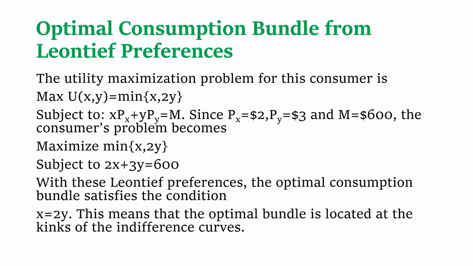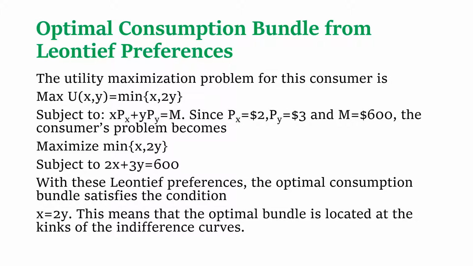Now, since the price of good x is $2 and the price of good y is $3 and m is $600, the consumer's problem becomes maximize min(x, 2y), subject to 2x plus 3y equals to 600. So 2x plus 3y equals to 600 is the budget constraint of the consumer. With these Leontief preferences, the optimal consumption bundle satisfies the condition.